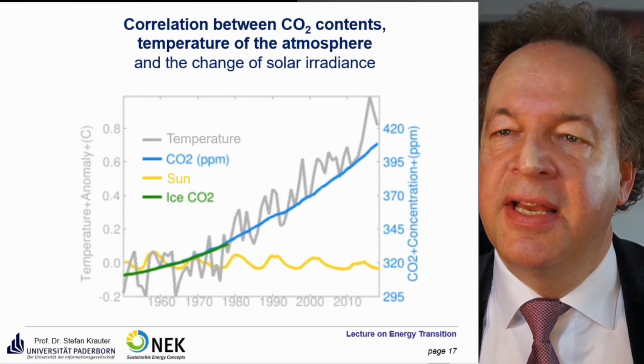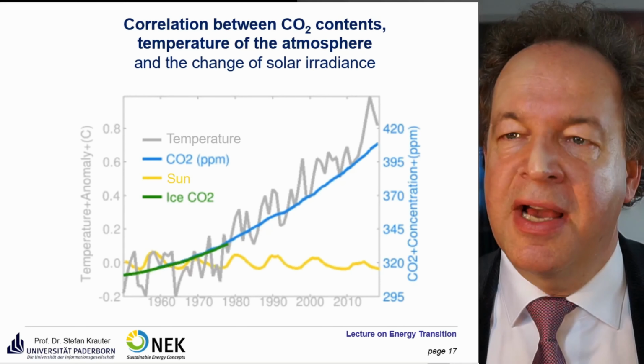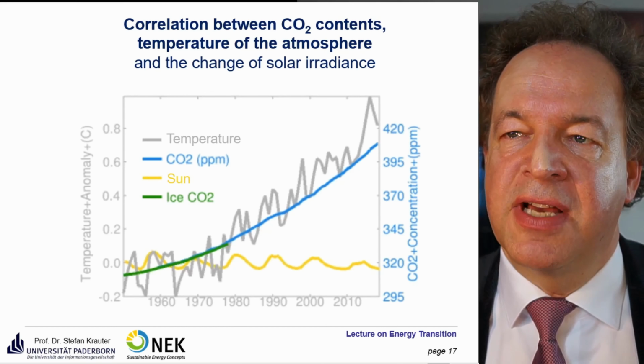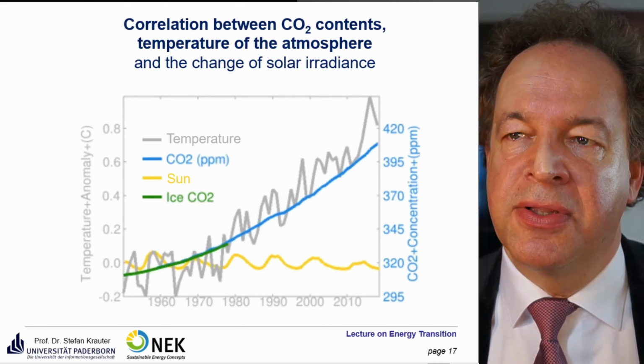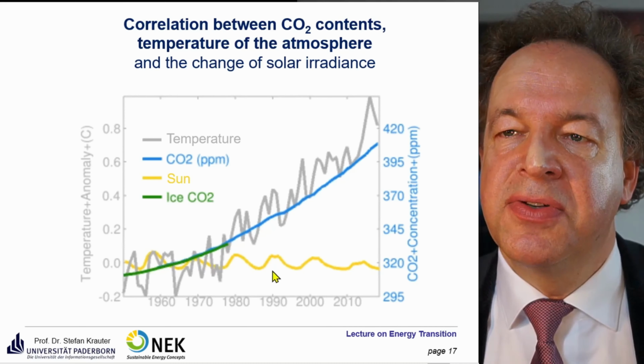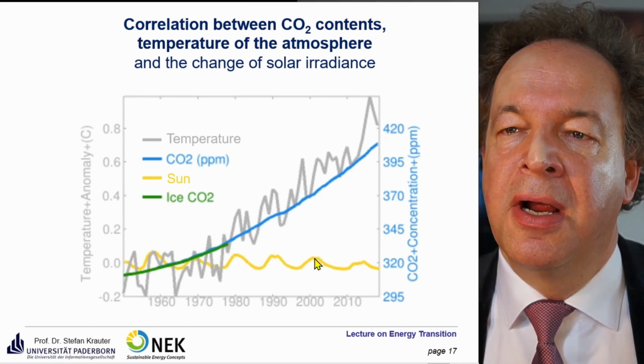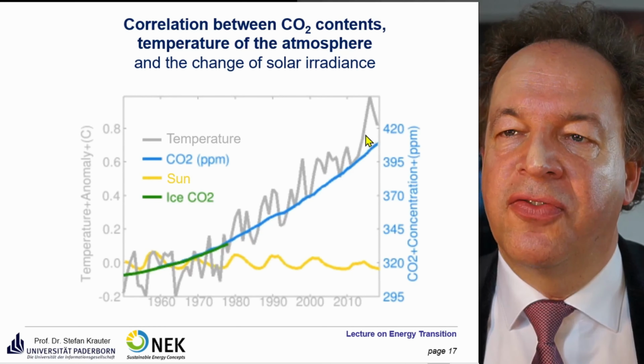Some people also say, yes, there is a temperature increase, but it has nothing to do with carbon dioxide. It's the sun, because there is a fluctuation of the sun's radiation due to spots on the sun's surface. Yes, there are some variations, but as you see here, the influence of those spots is rather lower than the effect of the carbon dioxide.